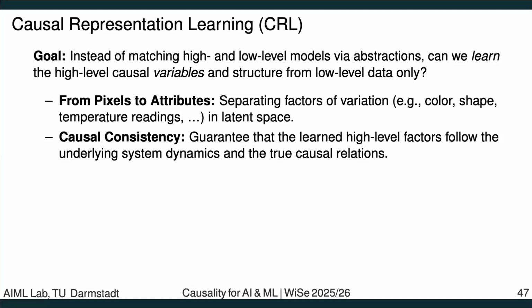And that might not only be color or shape or whatever, it might be the temperature reading or whatever you see in the image. So basically, how can I learn high-level causal variables from data which are meaningful to my problem and still adhere to the causal dynamics that I see in these images or in my underlying process?